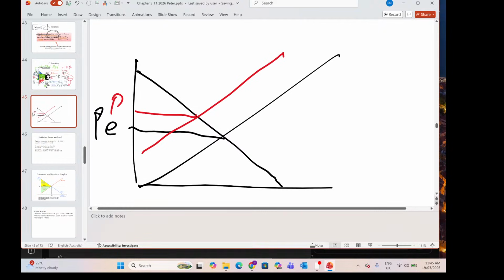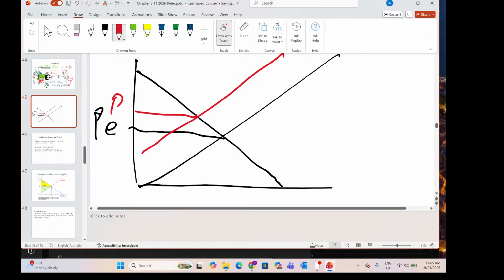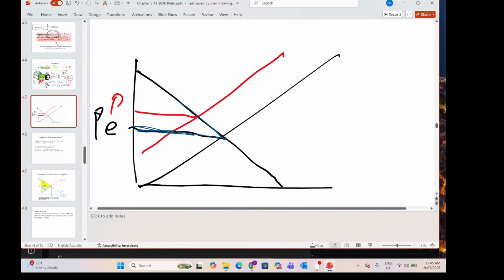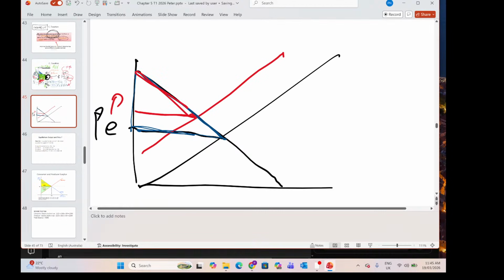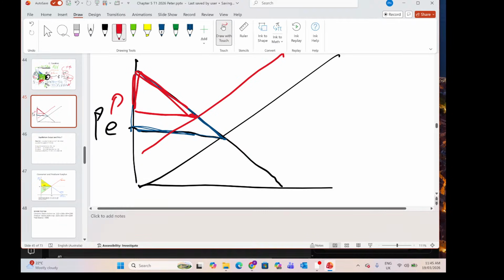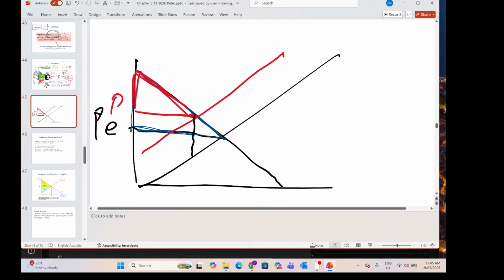There's a change in the consumer surplus, from this blue triangle now just to the red triangle. Just the red triangle. The consumers lose this, and they also lose that little X there.